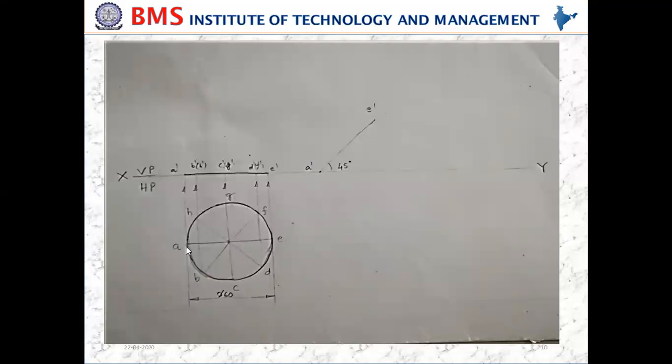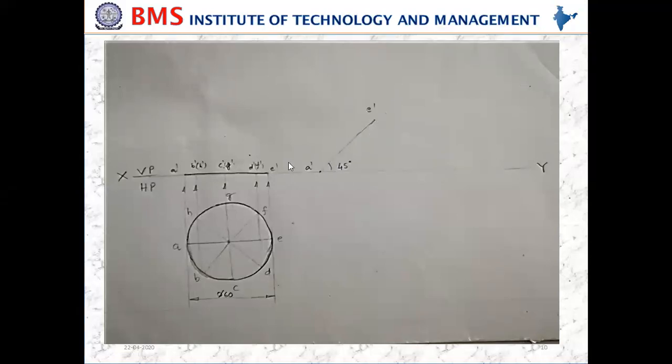With A dash as the center and 60 mm as the radius, cut this 45 degrees line so that you will get E dash. So A dash E dash is equal to 60 mm, and the inclination is 45 degrees. Now you join these 2 points.